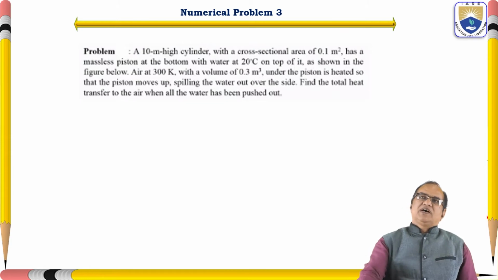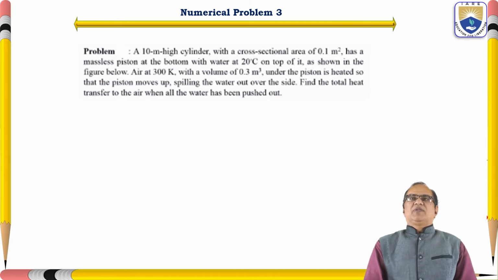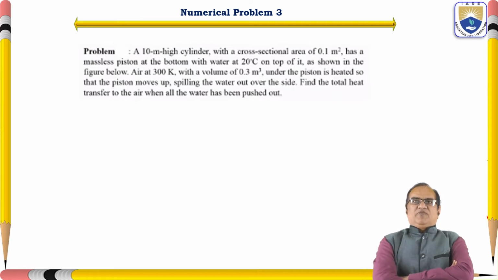I will go for my third problem, numerical problem number 3. A 10-meter high cylinder with a cross-sectional area of 0.2 meter square has a massless piston at the bottom with water at 20 degrees centigrade on top of it, as shown in the figure below.